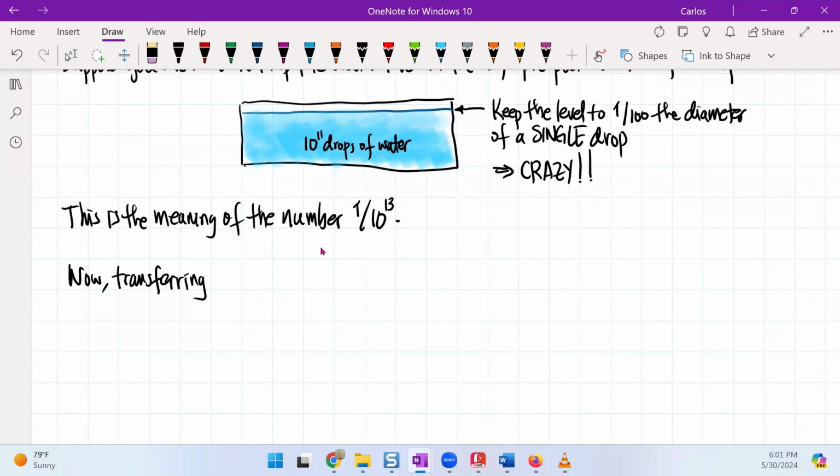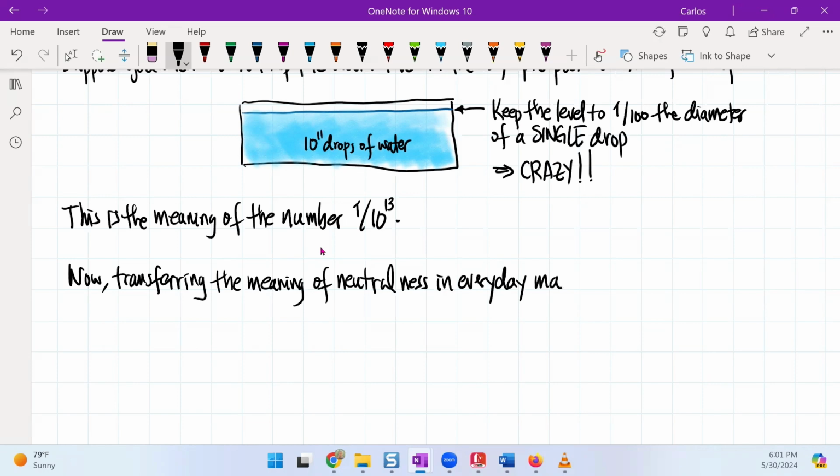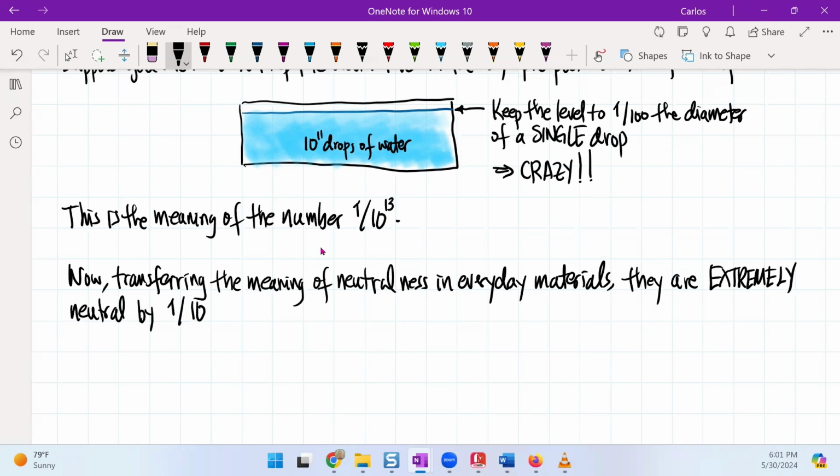Now, the meaning of neutralness in everyday materials: they are extremely neutral by 1 in 10 to the 13th.